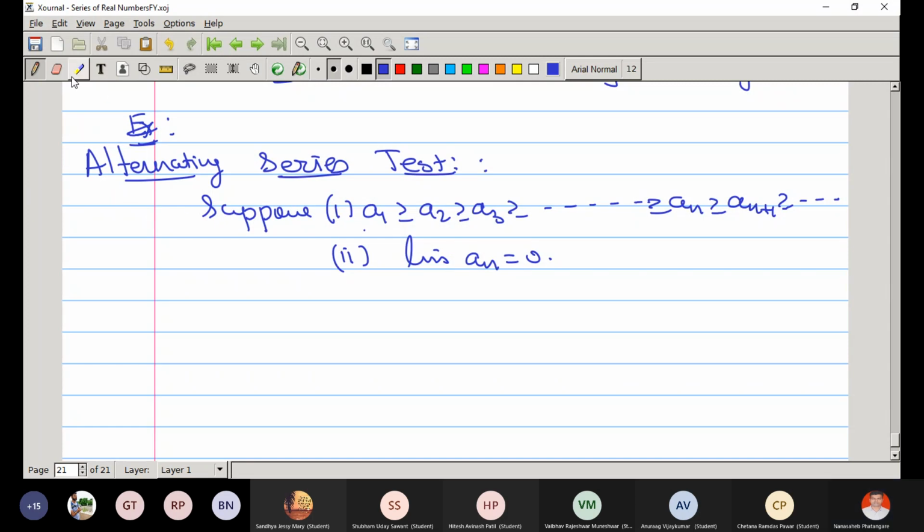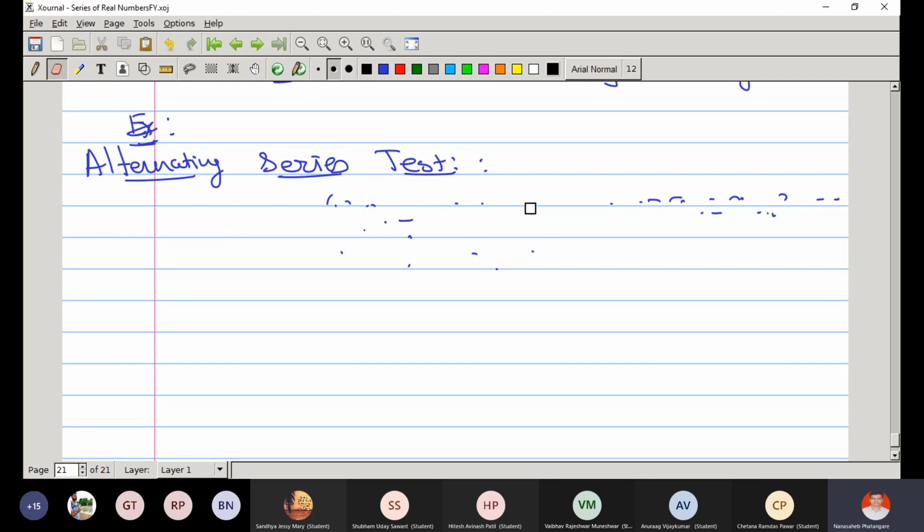Let me add one more sentence before this, because you should remember under what condition the test is applicable, not in general.